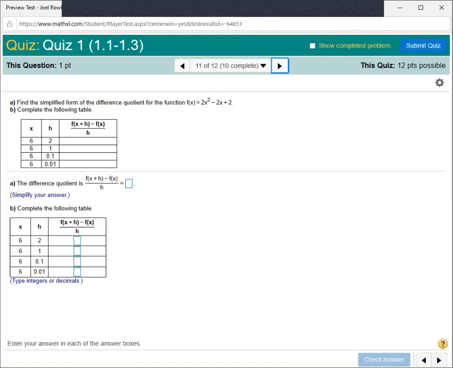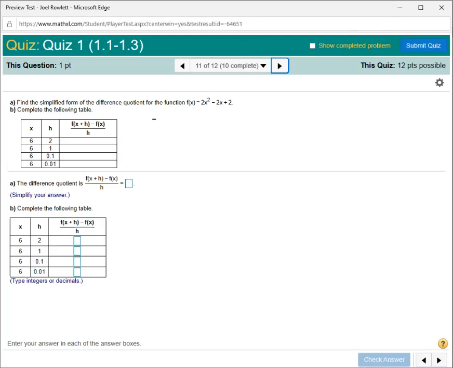So that's going to be 2 times x plus h squared minus 2 times x plus h plus 2.